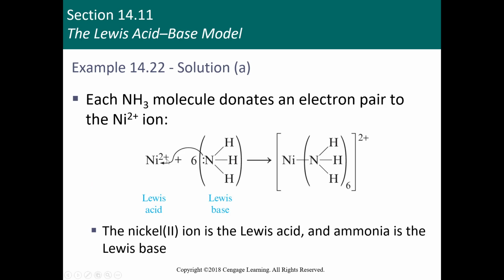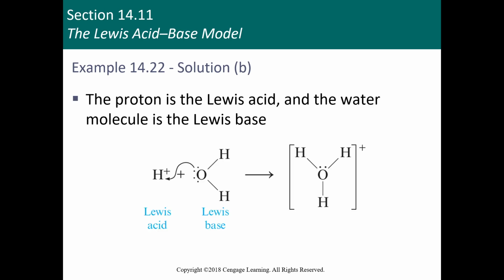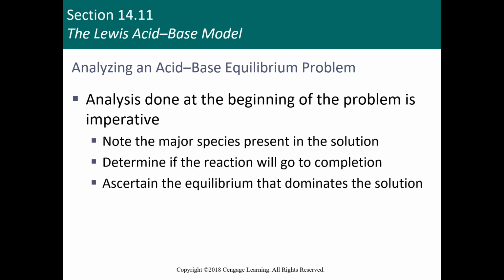This right here is your Lewis acid. It's going to take on these lone pairs of electrons right here, which is your Lewis base. So right here we see the other example, where H plus is again our Lewis acid. This right here will be our Lewis base because again it has a lone pair of electrons that you can now see nicely when I put up those figures.